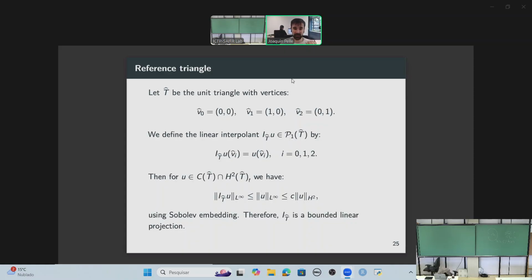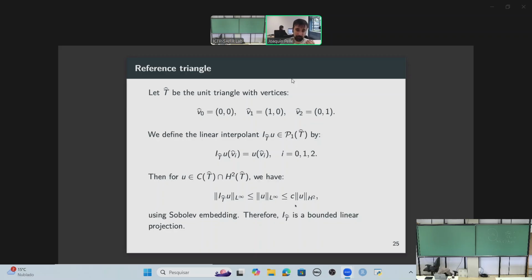And then again, by the Sobolev embedding, this is a property that you probably saw before in the course, we can say that this L infinity norm, the supremum value of u, is bounded by the H2 norm of u, which essentially lives inside the continuous function space.